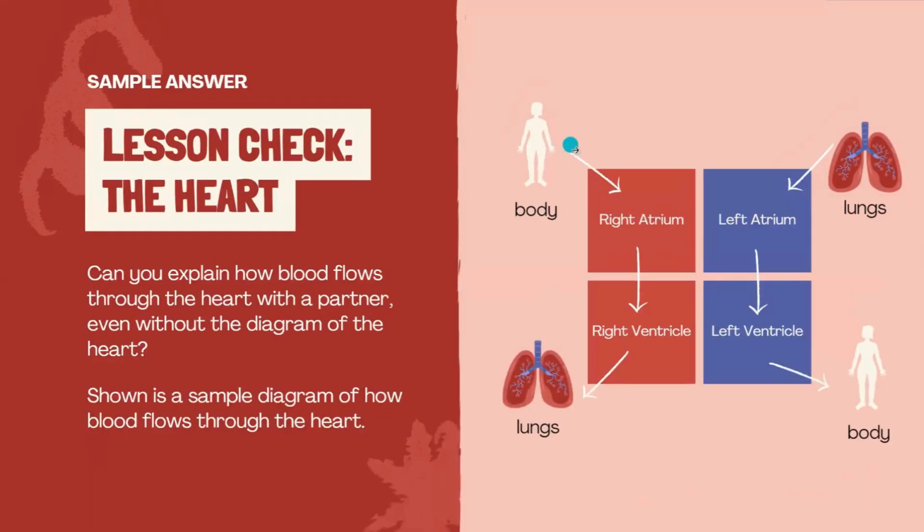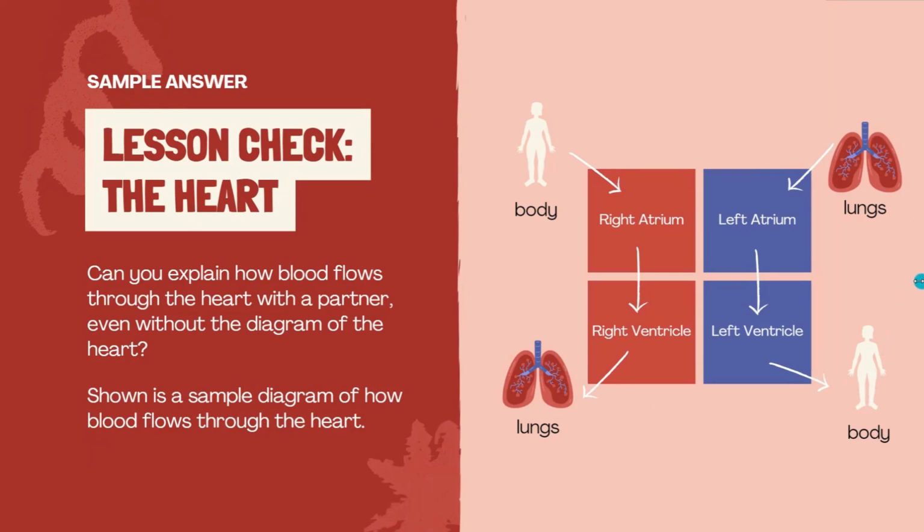From the body to the right atrium, from the right ventricle to the lungs, from the lungs to the left atrium, from the left atrium to the left ventricle, and then back to the body. And we say this process is ongoing. Remember, the function of the heart is to pump blood.